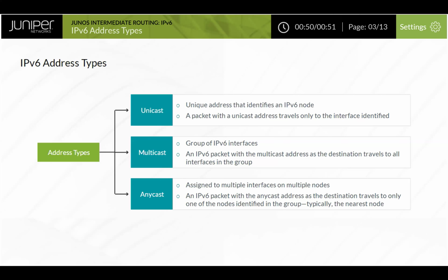The second one is multicast, which is very interesting. This communication happens in a group. In IPv4, the multicast block is 224.0.0.0/4, but in IPv6 the multicast block is FF00::/8.